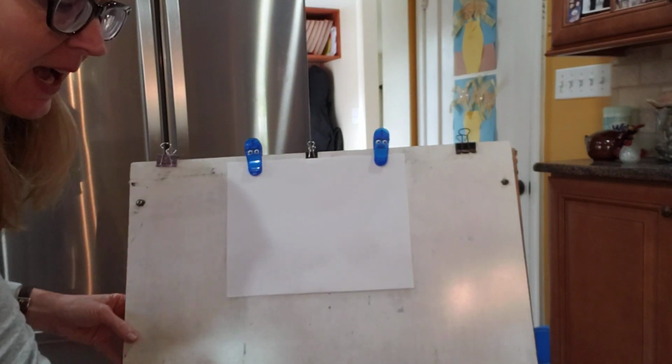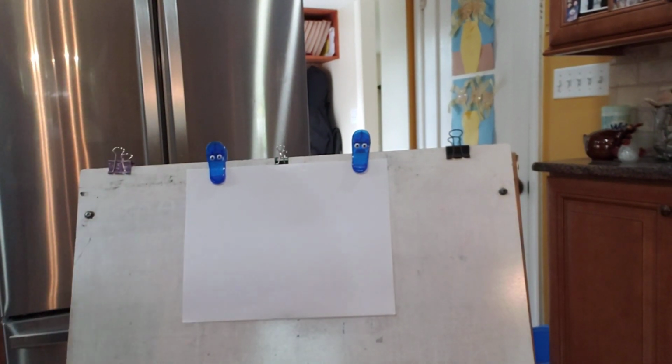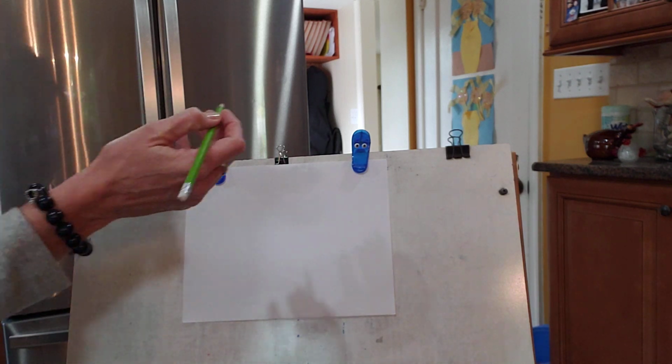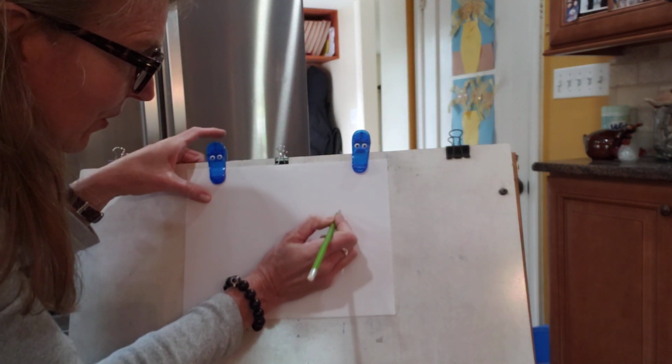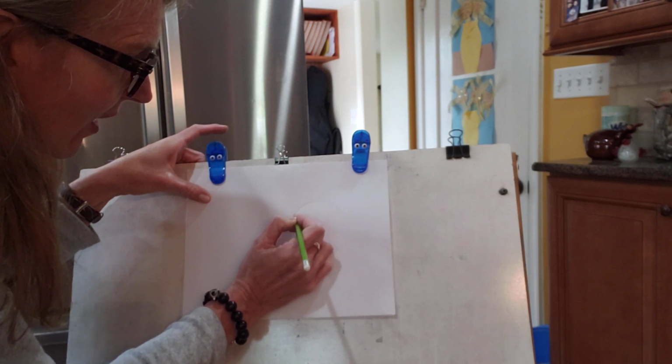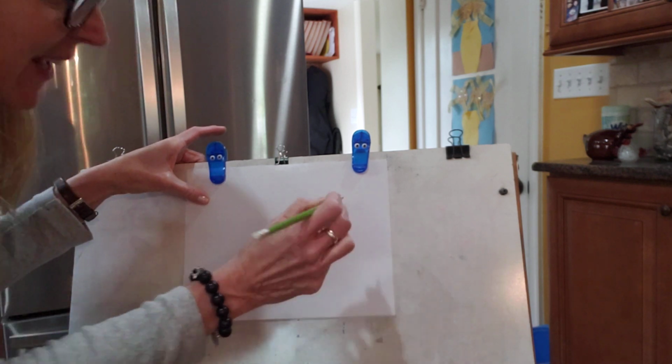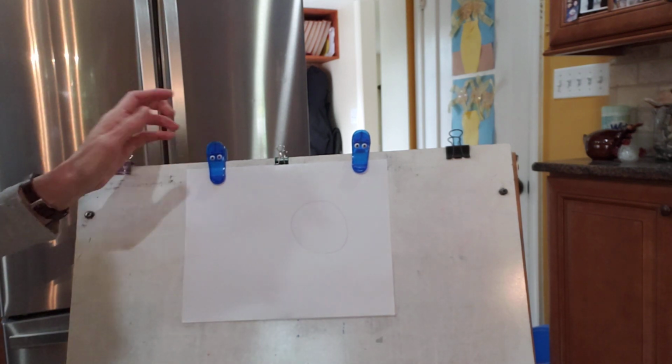On my paper, I'm going to draw my bunny. I'm going to draw it with my pencil first. So the first thing I'm going to do is draw the face of my bunny. Okay, so I'm going to draw a circle.